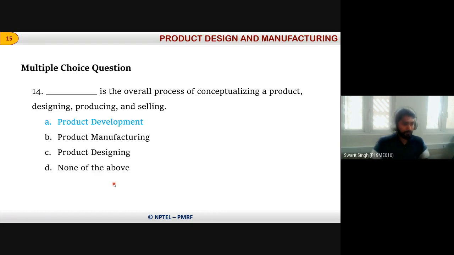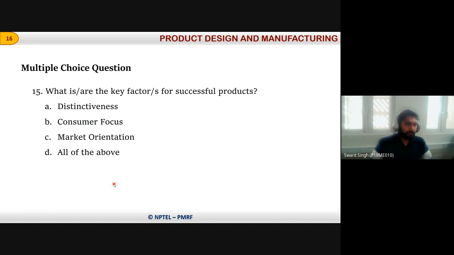This is the development of a product, which is dealt with by the product life cycle and then product life cycle management. So the answer is product development. Product manufacturing is a part, product designing is a part, product selling and marketing strategy is a part of that. Product development is the overall process from conceptualization of the product to designing, producing and selling it to the market.